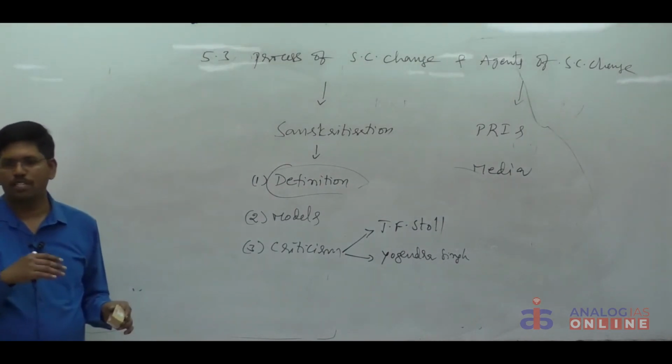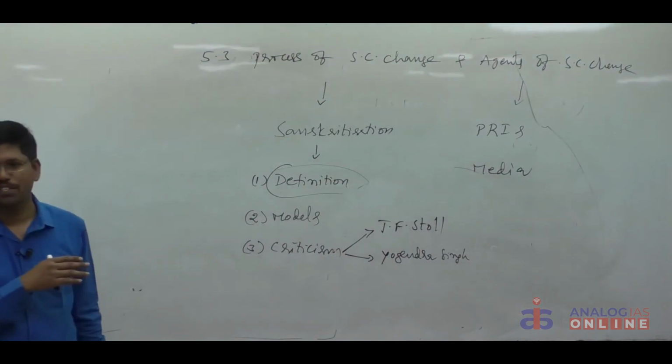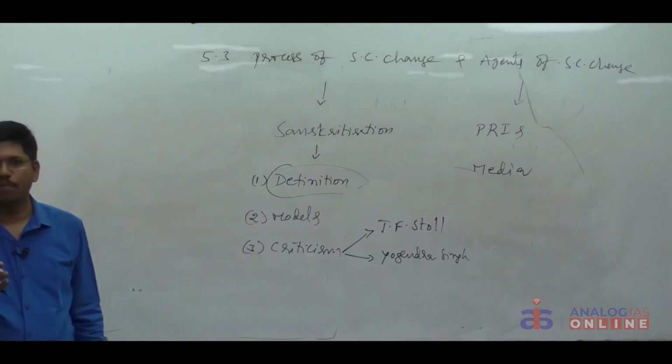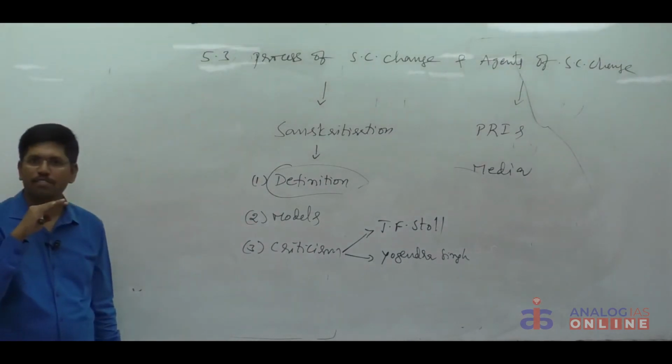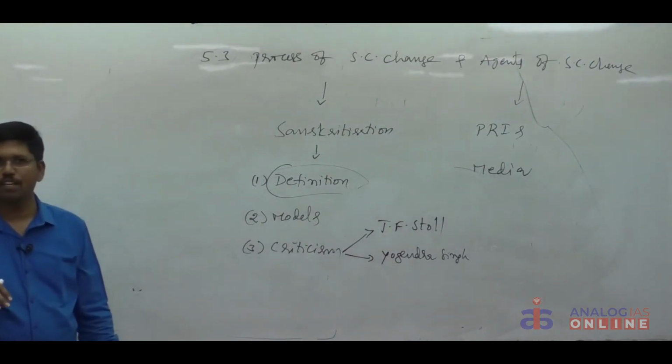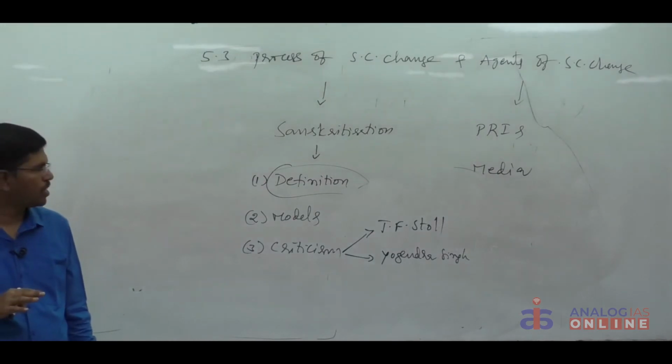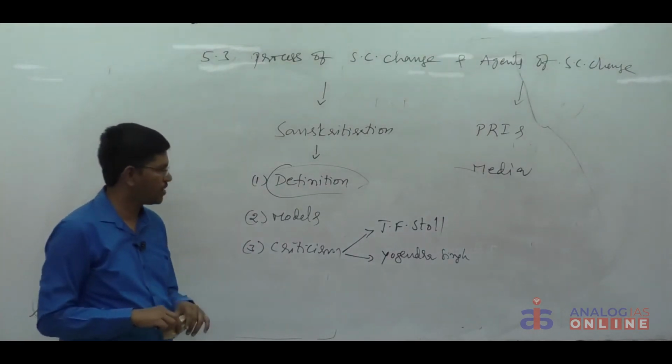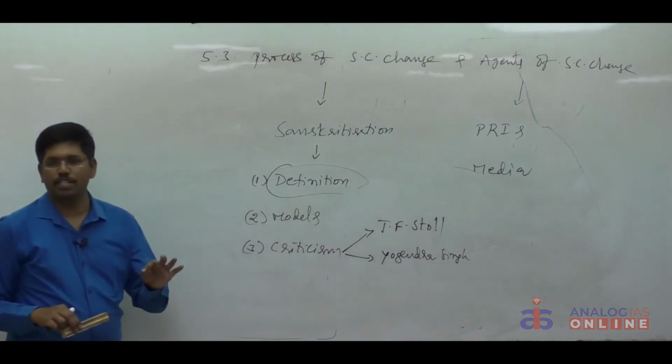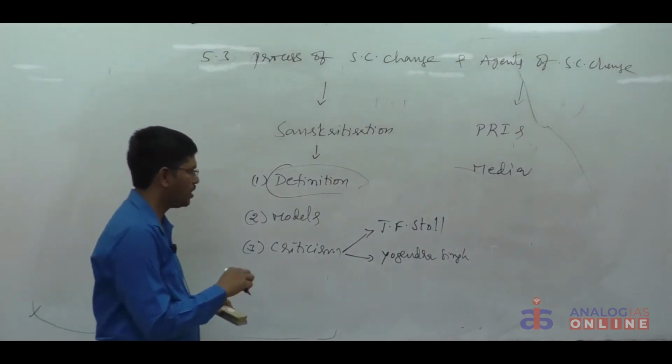Nowadays, cultural change is brought about mainly by Westernization and Modernization. In the olden days, Sanskritization was responsible for cultural change, but nowadays the major process of socio-cultural change is Modernization. That's why it is not a consistent theory.